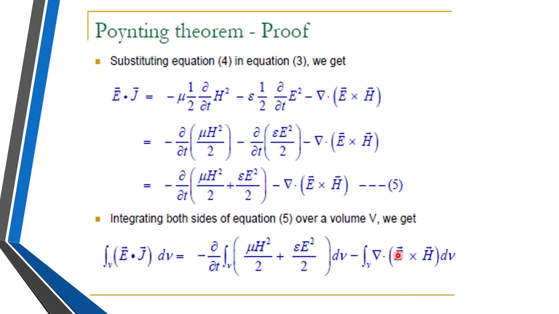The volume integration of del dot d bar is equal to the closed surface integration of d bar dot ds. Remember the divergence theorem. Similar to that we are using it here, replacing this volume integration with surface integration.